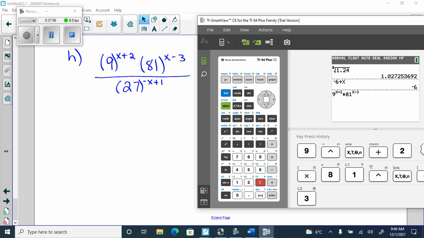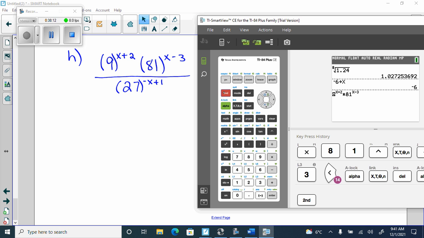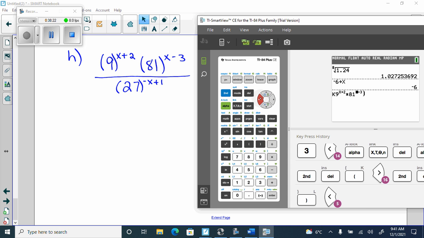Oh, crud. You've got to do a bracket. I can press enter, but I'm a rebel without a cause. If I press alpha, will it make it a fraction? No. That didn't work. I'm going to go second, insert bracket. So I have to retype it.